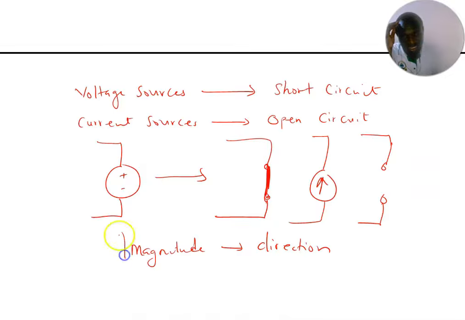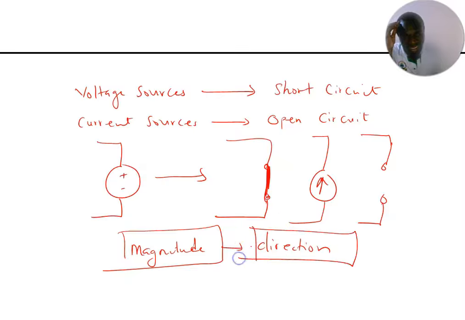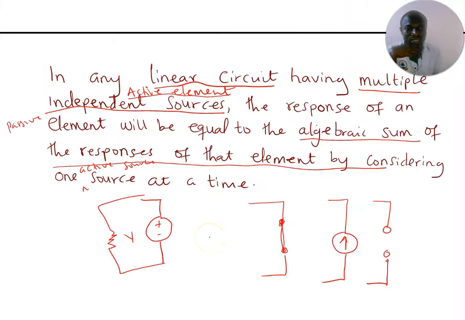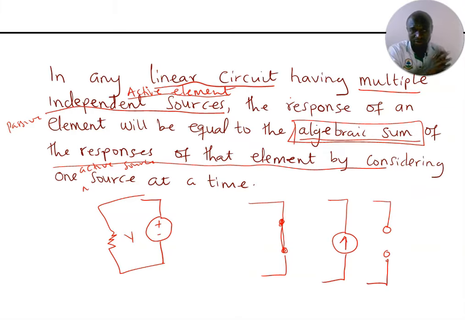These are the two things you need to consider anytime you are finding the current in any of the elements, because the statement says that we are finding the algebraic sum. The current direction is very important. It determines the sign, whether it should be negative or positive.